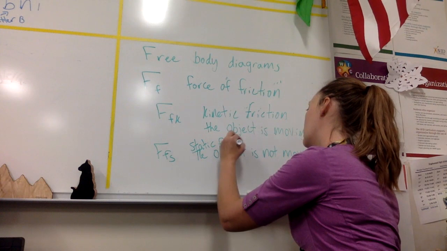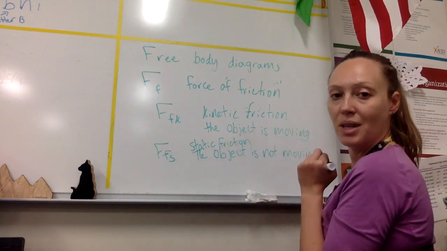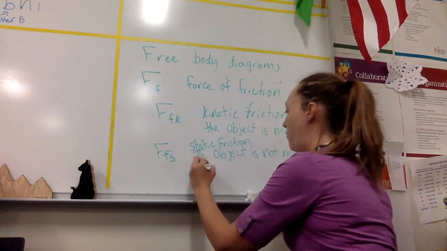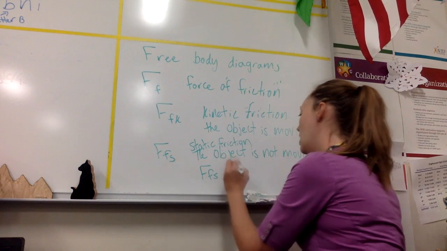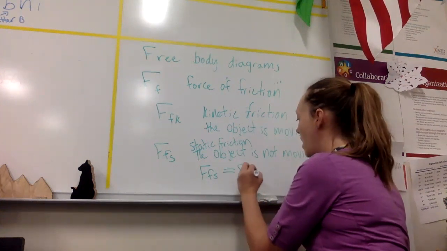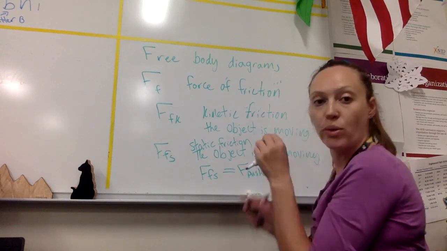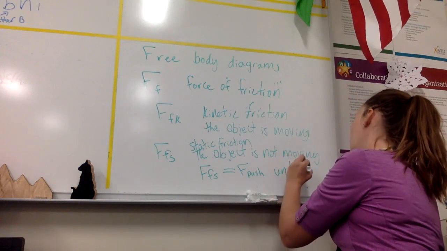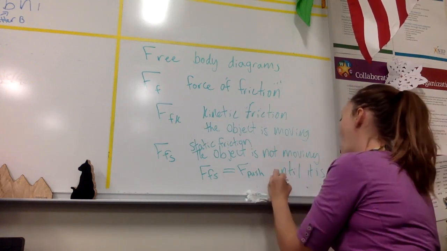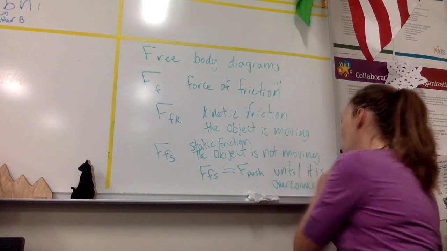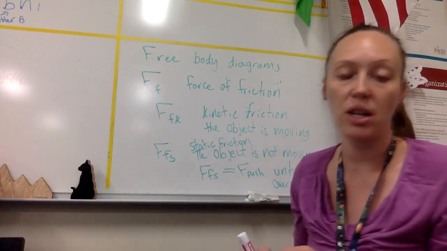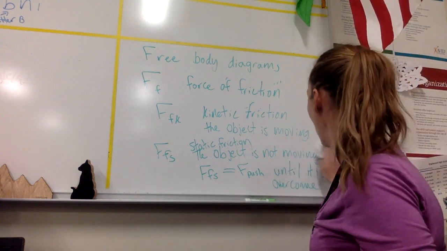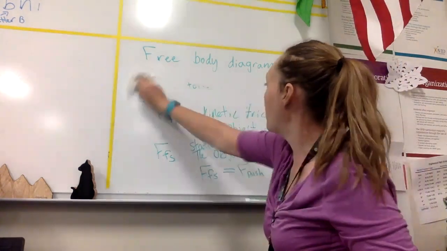Static friction, the object is not moving, and the force of static friction is always equal to the force of the push. So the force of static friction gets bigger and bigger and bigger until it is overcome. As soon as you push hard enough to overcome static friction, that's when the object starts moving.